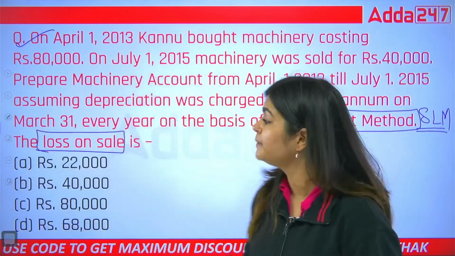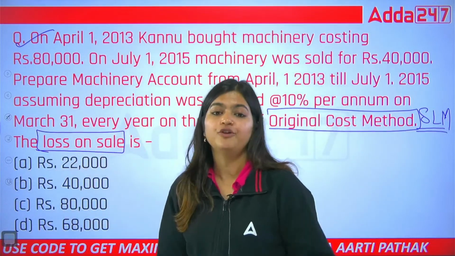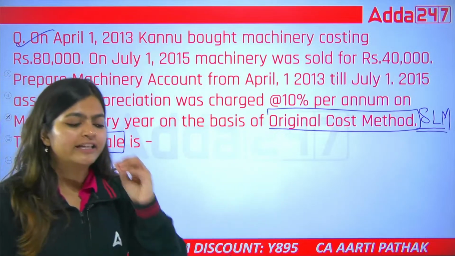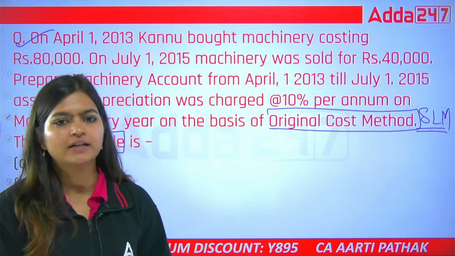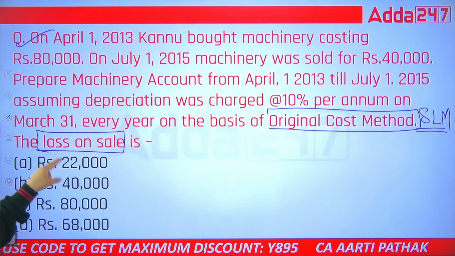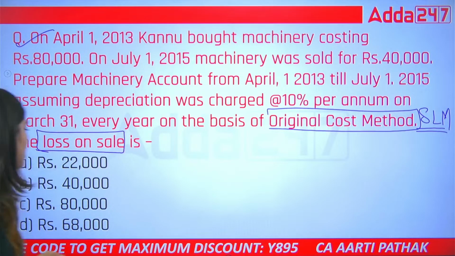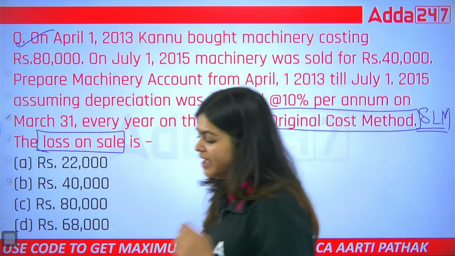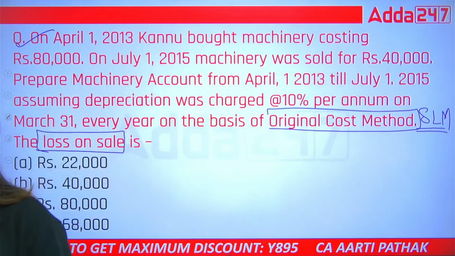They are asking for the loss on sale, and for that we need to prepare the accounts. In exams they are not going to give any marks for the preparation of accounts. The only marks are for this question: the loss on sale is what? Option A, 22,000; B, 40,000; C, 80,000; D, 68,000. Chaliye, let's start solving it together.